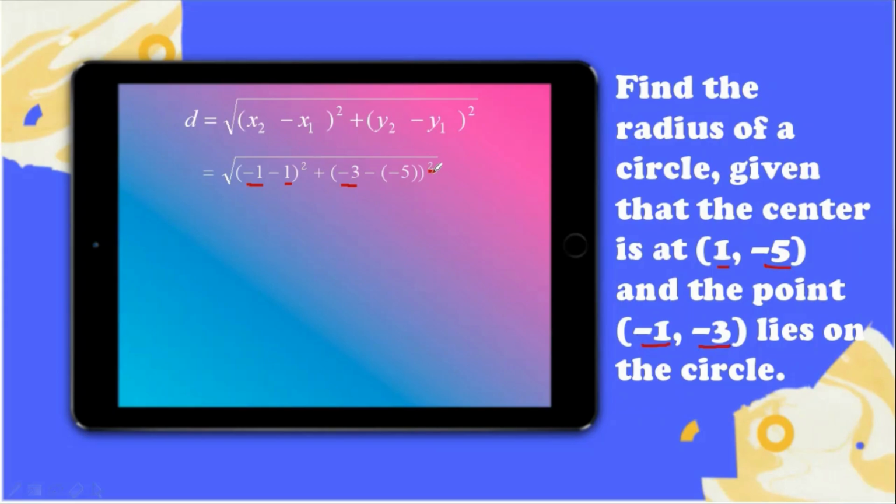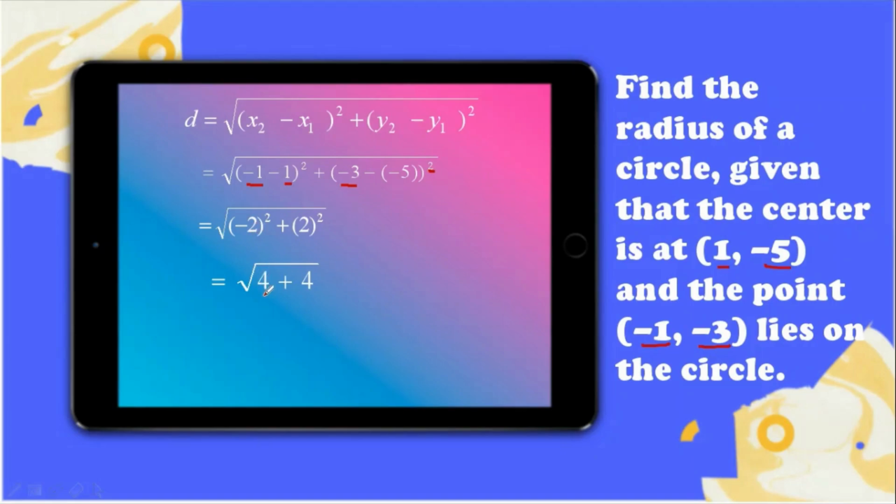Next is simplify. So negative 1 minus 1, that is negative 2. Okay? So negative 2 squared plus, we have here negative 3 minus negative 5. So negative 3 minus negative 5, the answer is positive 2. Then simplify.